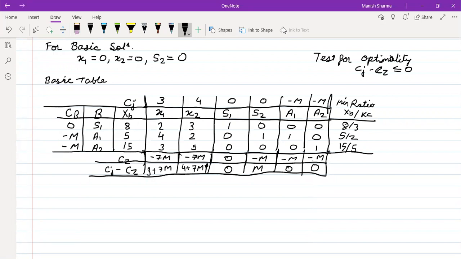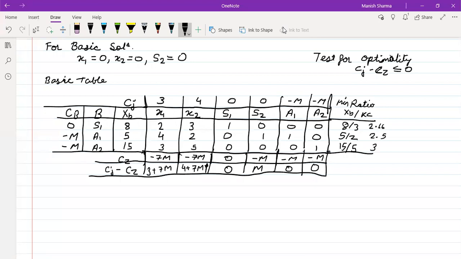Any doubts up to this point? No, sir. So which is the minimum value? This is 8 by 3, that is 2.666. You don't need to write the value as 2.666, keep it as 8 by 3. Then this is 5 by 2, that is 2.5, and this is 3.